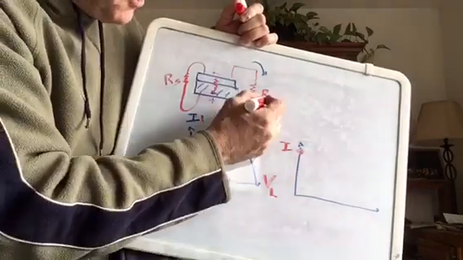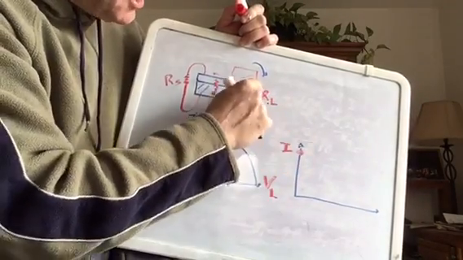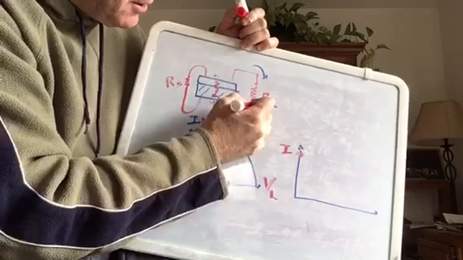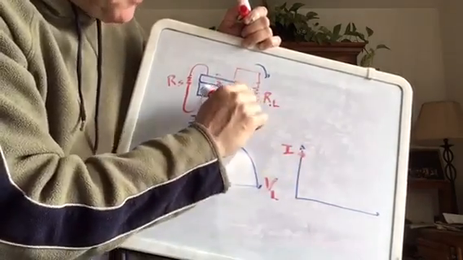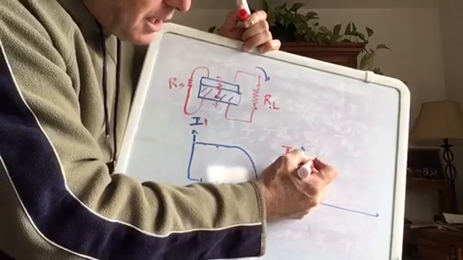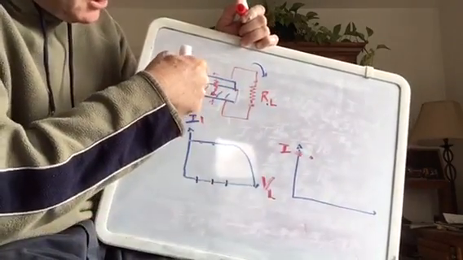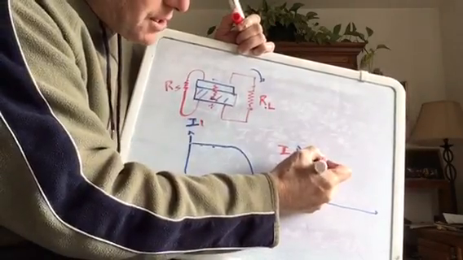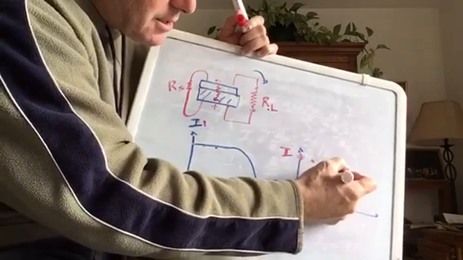Okay. And then if we actually just touch these two leads together, that would be that value right there. And then if we put a small resistance in there, we're going to get virtually the same current, but a tiny little bit less, because a little bit's going to go this way, and then a tiny bit less, and a tiny bit less.